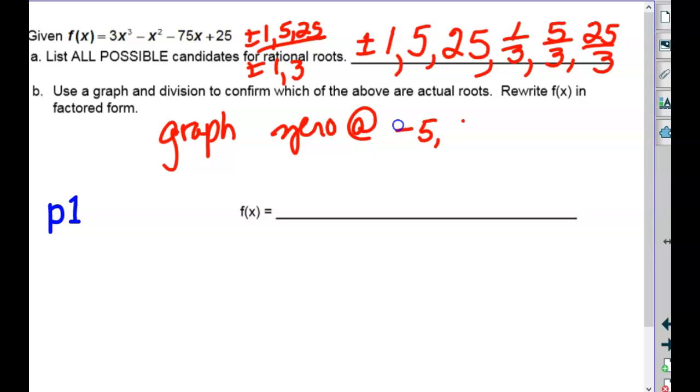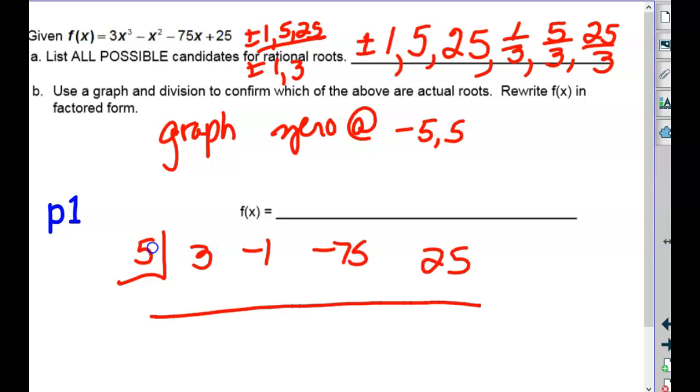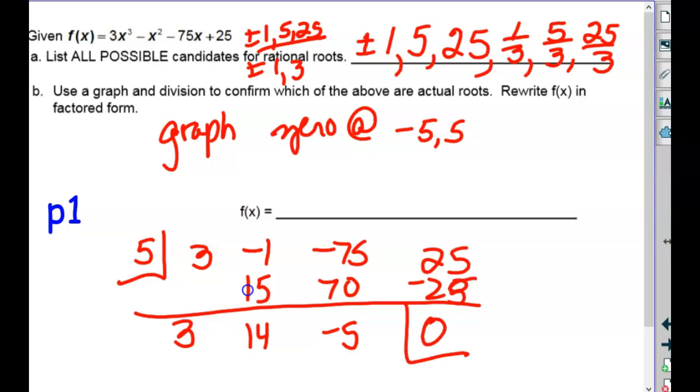So if I do 5, 3, negative 1, negative 75, and 25, bring down, multiply, add, multiply, add, multiply, add.